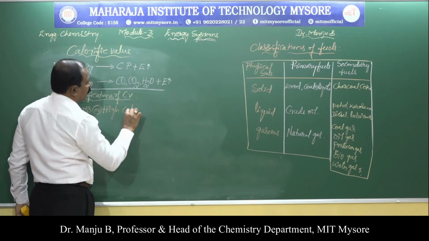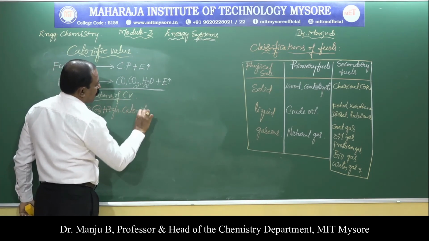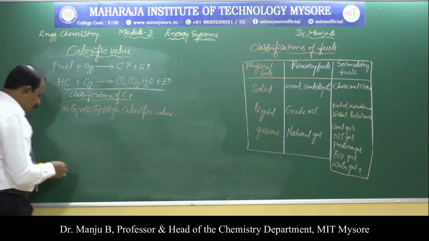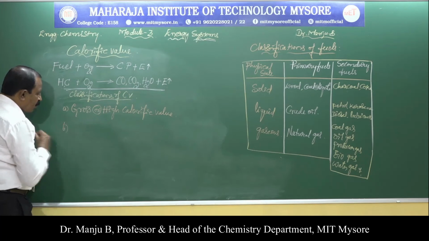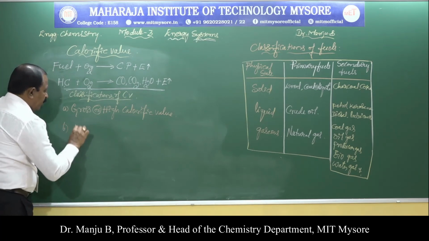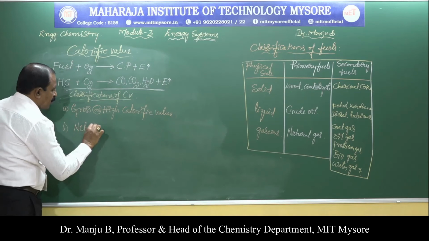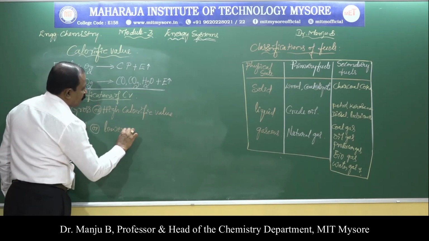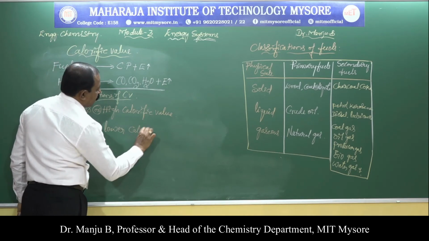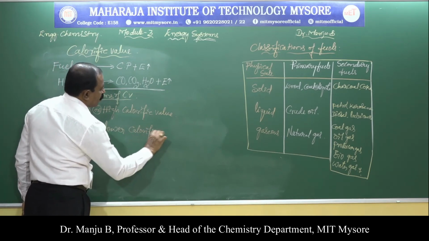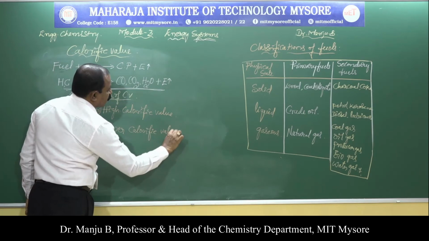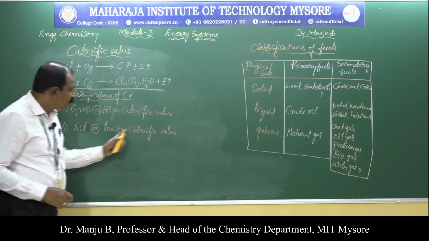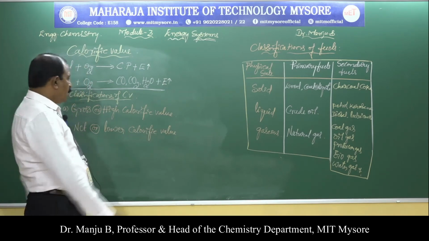And the second one is net calorific value, or lower calorific value. Gross or high calorific value, net or lower calorific value.